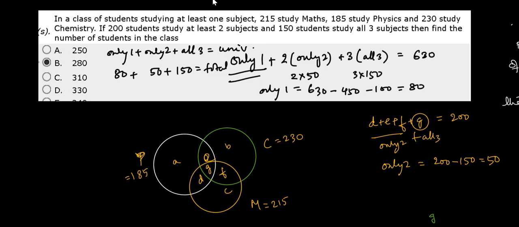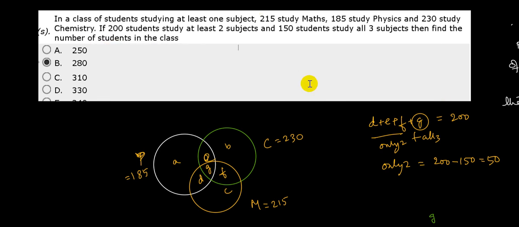Is it clear? See, the advantage of doing it in this way is that you have to deal with only two equations. The first equation would be only 1 plus only 2 plus all 3 is equal to the universal set. This is if x equals 0, that means there are no members outside the circles.